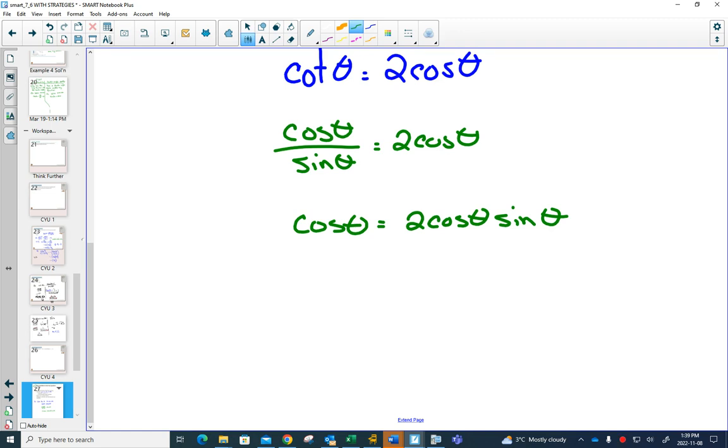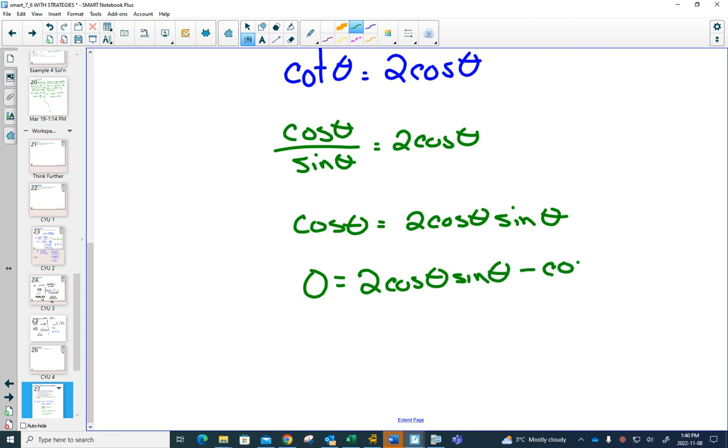Again, now I go back through my strategies. Can I change it to all the same function? No. I can change sine squared to 1 minus cos squared, but unless it's squared, you can't change it. So you can't change sine to 1 minus cos. But we can factor. So the next thing we'll want to do here is make one side equal to 0.